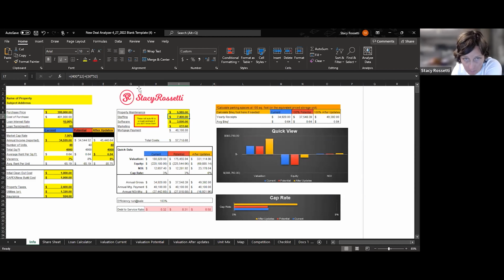So this number may not be what your expenses are. Maybe cheaper if you're handling it yourself, right? If you're the boots on the ground person, you're handling it all yourself, then this is going to be cheaper, right? Obviously. You should have some number in here.